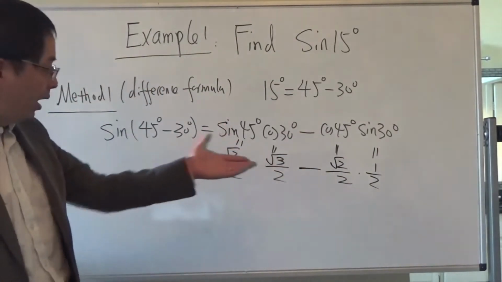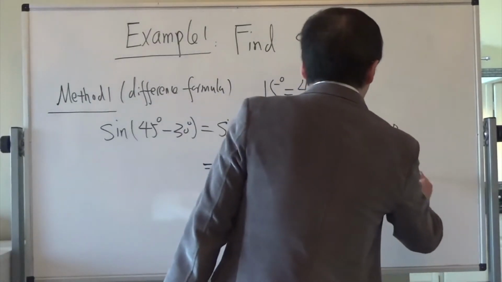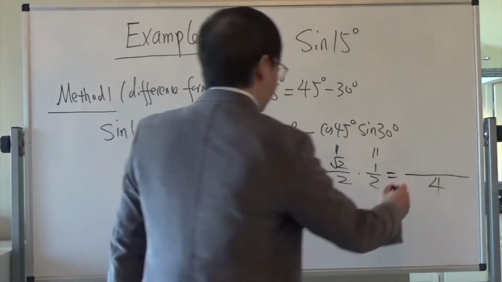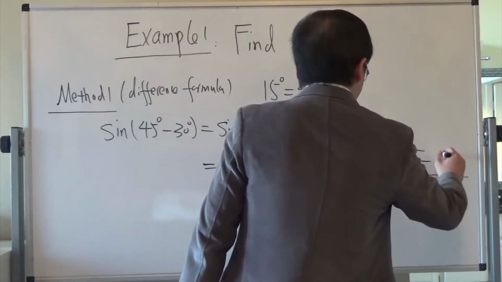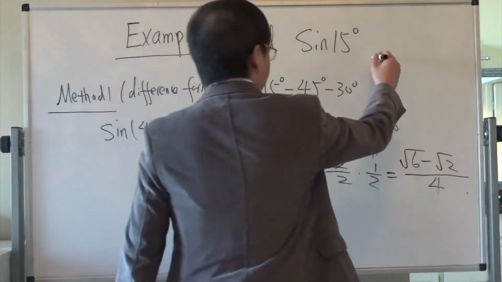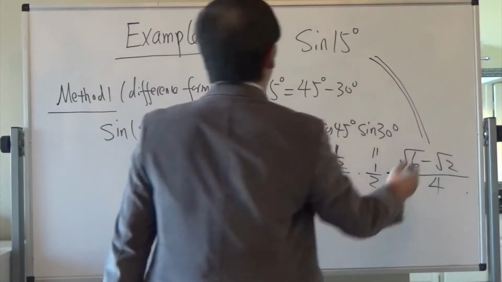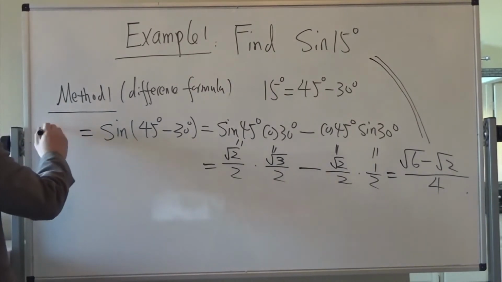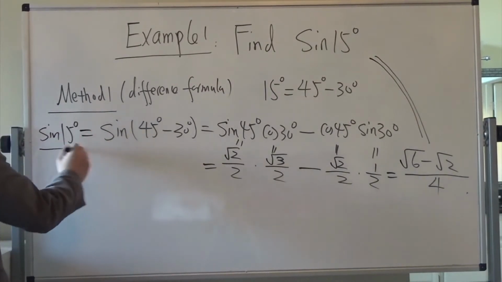Now, if we combine them together, the denominator is 4, and the numerator is the square root of 6 minus the square root of 2. So this one equals sine 15.